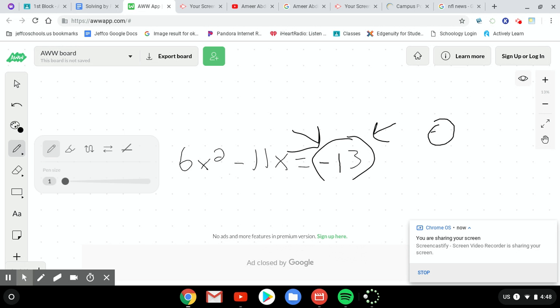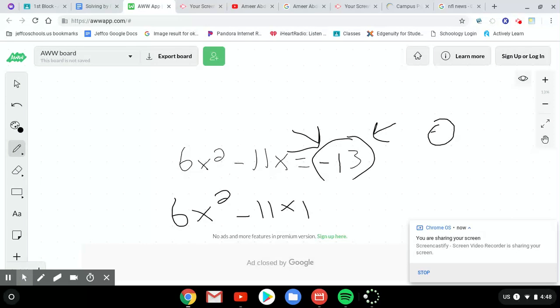Anyway, 6x squared minus 11x, and instead of doing the equals, we're just going to move the negative 13 right here where the equal spot is, and we're going to do equals 0.